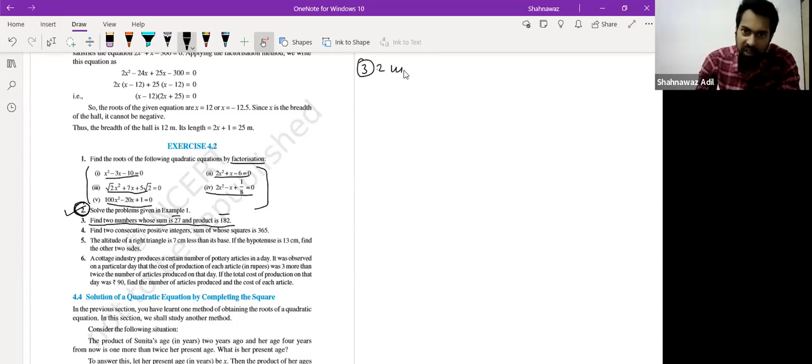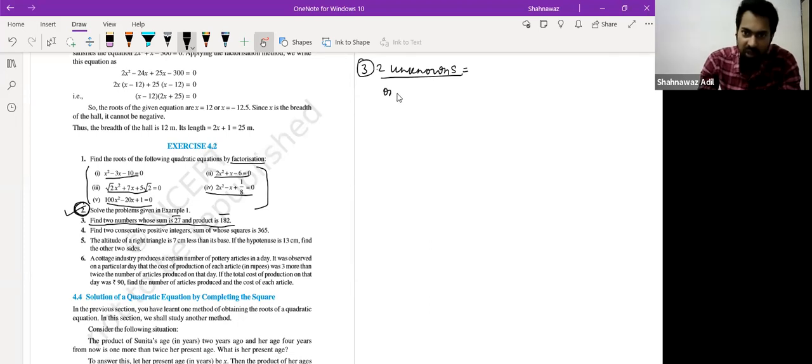So first, let us write this. What are the two unknowns? Adil, the sum of two numbers, right? We don't know those two numbers, right?